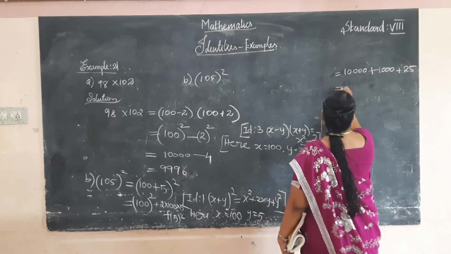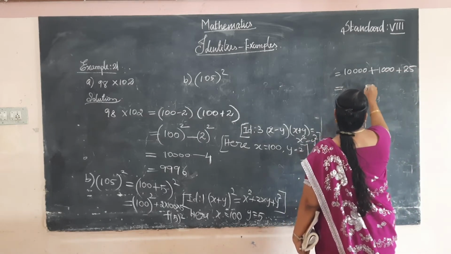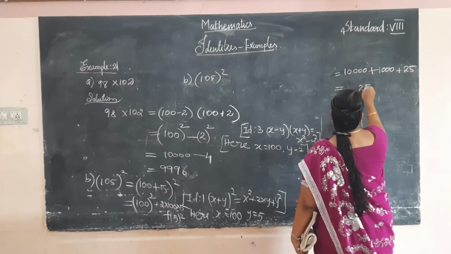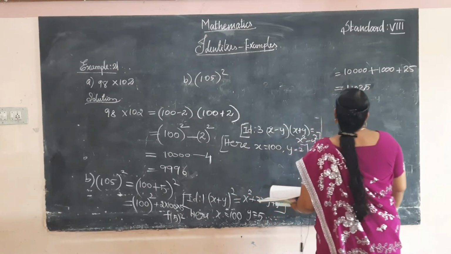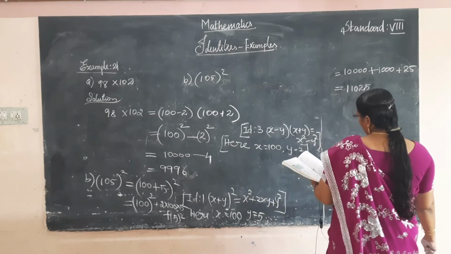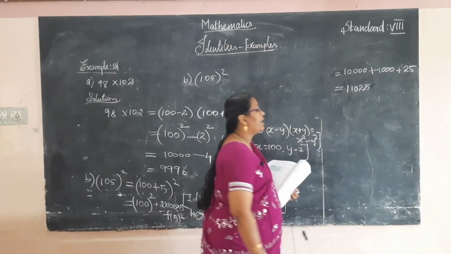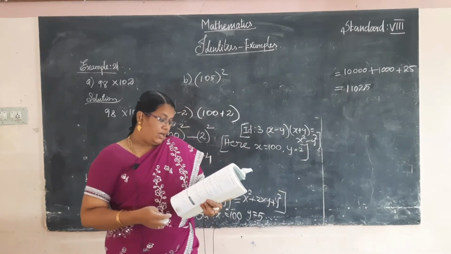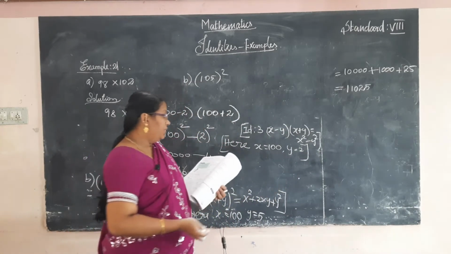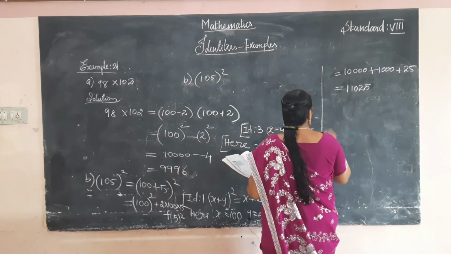Add all the values. What do we get? So the answer for this problem is 11,025. Okay. And now move to example 22.